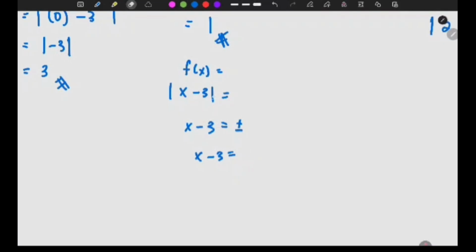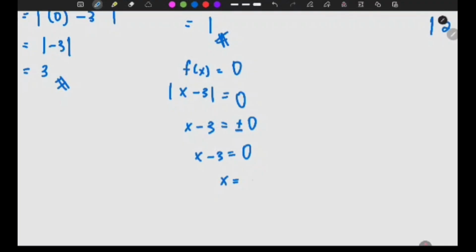Later we will do a question with a modulus, and then I will explain a little bit more. For now just ignore the plus minus. For 0 you don't have to worry, but for other than 0 you need to worry. You have to do two steps. So then your 0 minus 3 moves this side and becomes positive 3.